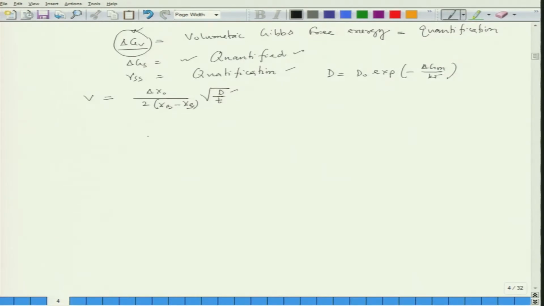Xe is the equilibrium composition of the alpha solid solution, and x beta is the equilibrium composition of the beta phase. So, these can be found out easily from the phase diagram. Again we have to see how the phase diagram evolves, and D also can be found out experimentally.